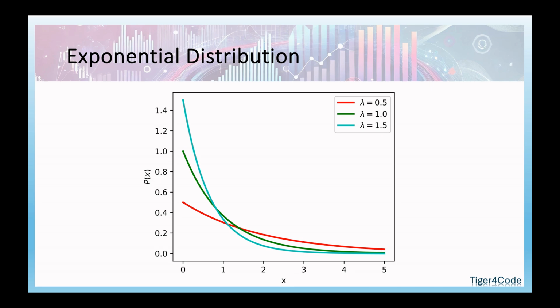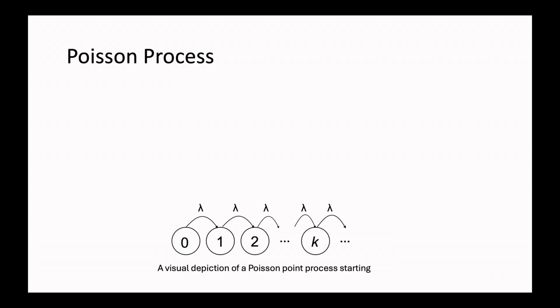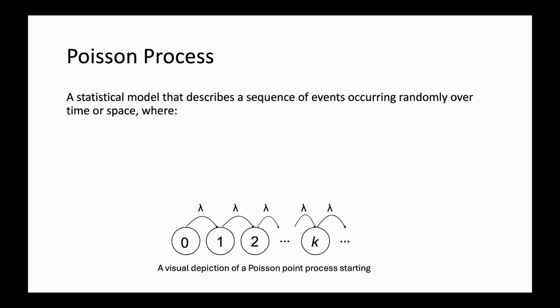Exponential distribution. Before we dive into exponential distribution, let us first understand what a Poisson process means. A Poisson process is a statistical model used to describe random events happening over time or space. The key features of those processes are independence: events do not influence each other.